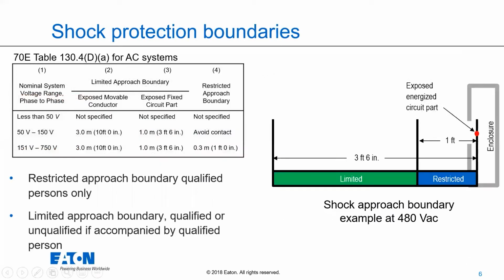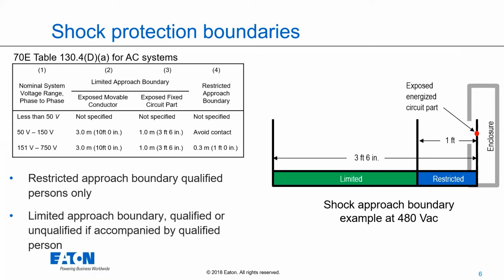So, how do we protect from shock? Shock protection boundaries are the normal way that we see equipment listed and labeled in order to protect us from a shock hazard. This is taken from NFPA 70E Table 130.4(D)(a) for AC systems. We've got a limited approach boundary, which is for qualified persons or unqualified people if they're accompanied by a qualified person.